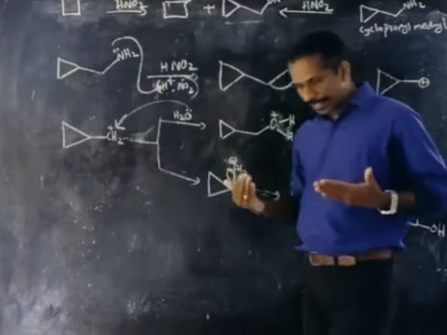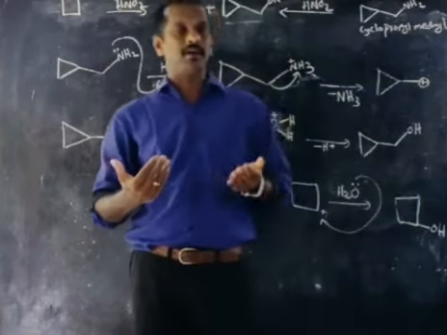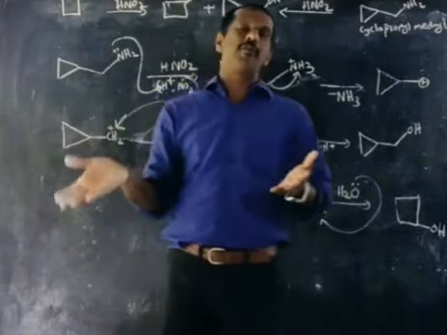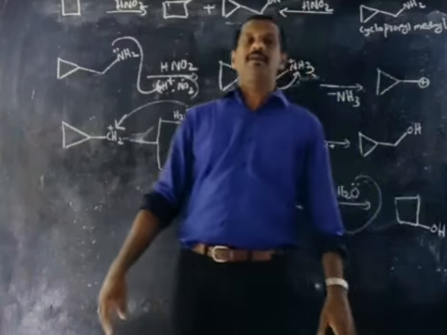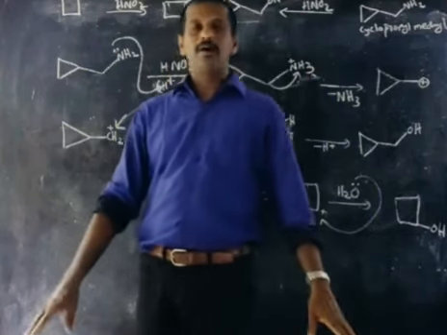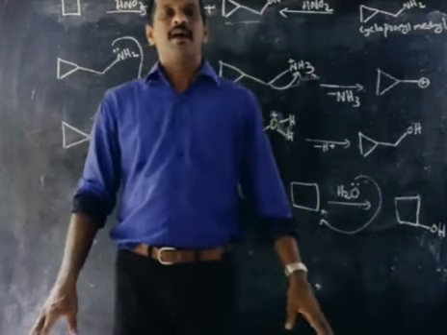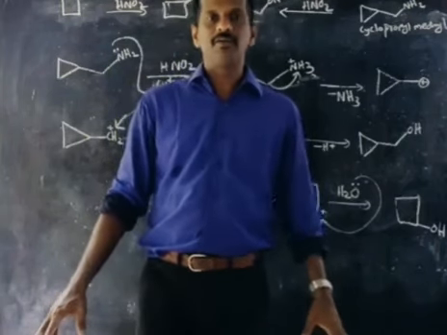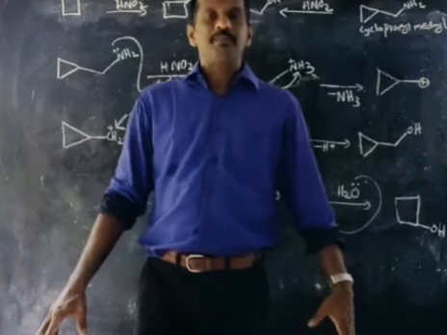Demjanov rearrangement is important for the conversion of a 3-membered ring to a 4-membered ring, or vice versa, a 4-membered ring to a 3-membered ring. With this we are winding up the mechanism of Demjanov rearrangement, and thank you.